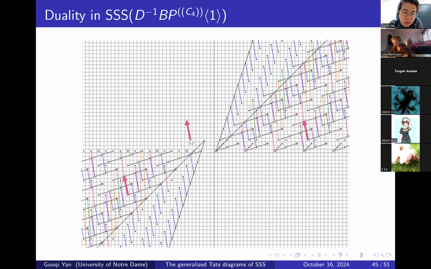So we can move this differential along this direction and arrive at this pink differential. So these differentials are dual in this sense. And we can play this game with other differentials and get all the pairs of differentials using the periodicity in the Tate spectral sequence.